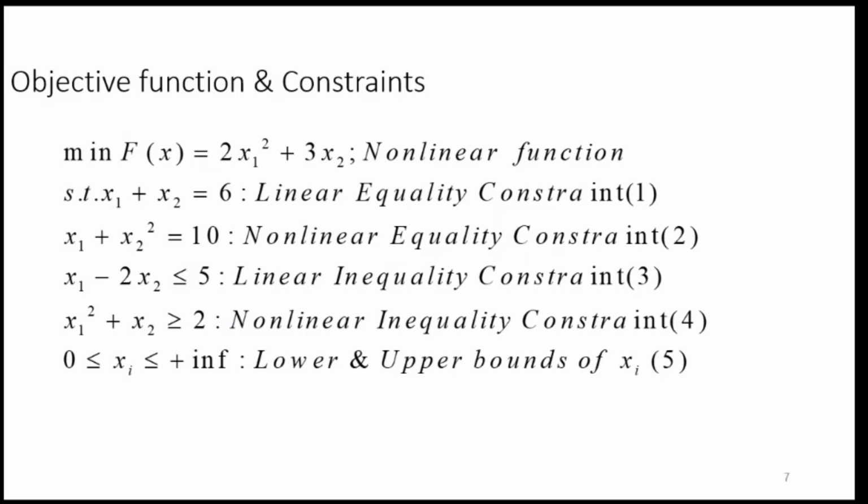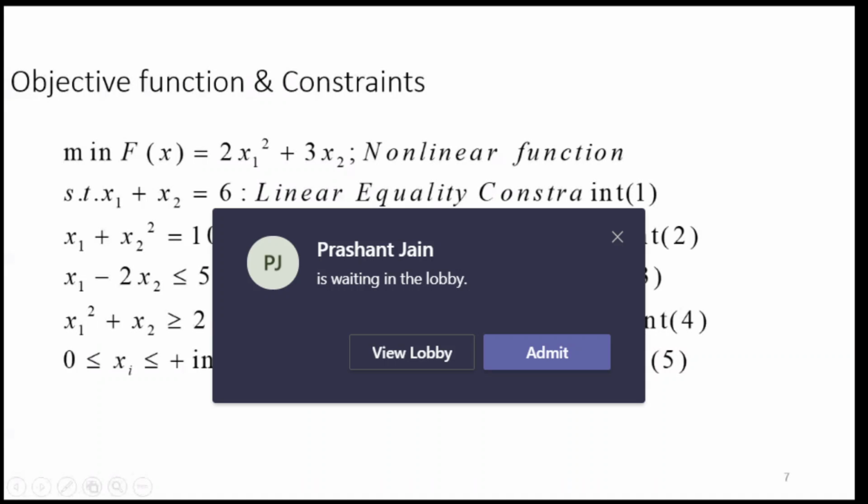Similarly, these are the inequality constraints because they contain the inequality sign. It means your LHS should be less than the RHS. And this is a non-linear inequality constraint because there is an x1 square term, so it is a quadratic function.